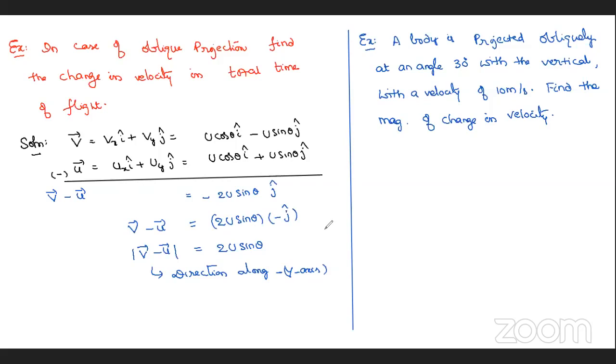Yeah, 60 degrees. Why is it 60 degrees? Right. He gave the angle 30 degrees with the vertical. Yeah, we measure with the horizontal. Good. So here in the solution, don't take theta equal to 30 degrees, Nana. With the horizontal, theta equals 90 minus 30, that equals 60 degrees.